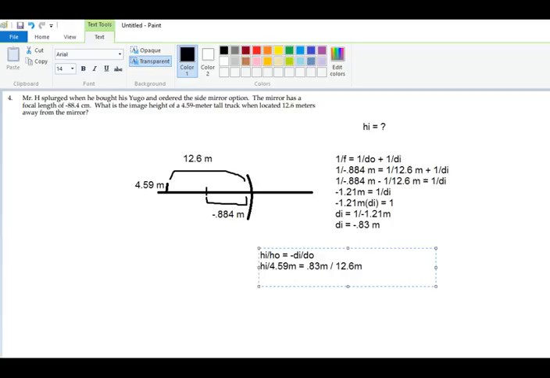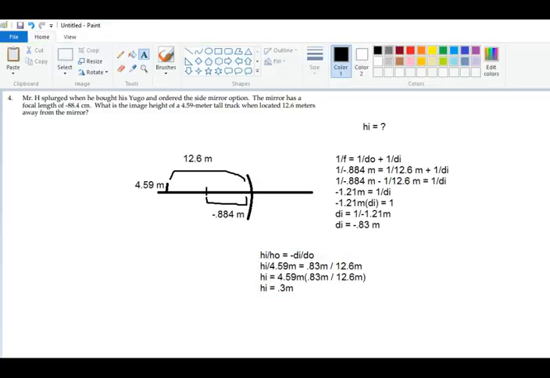So what you would do here is isolate the variable by multiplying both sides by 4.59 meters. Calculating 0.83 meters divided by 12.6 meters times 4.59 meters should give you a final answer of about 0.3 meters for the height of the image. Box in our answer, and there we go.